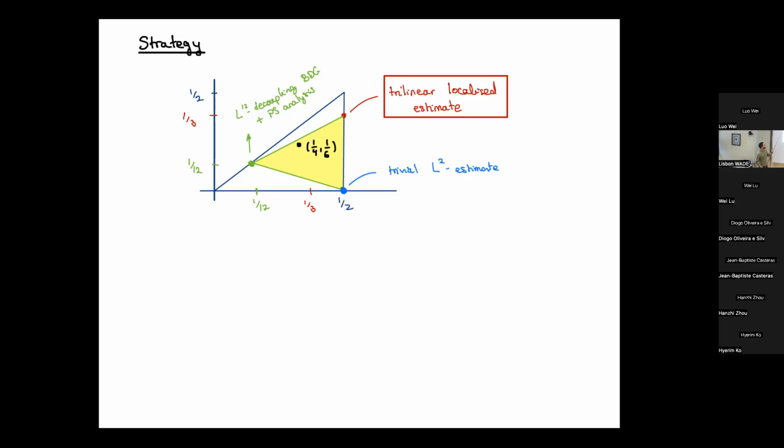We try to do the same thing. And remember before we had here a triangle, no? This triangle would be the one that we are interested in. Here we need these bilinear estimates to hit that line, no? So now we try to do something similar. We try to go to trilinear estimates to be able to hit this critical point.